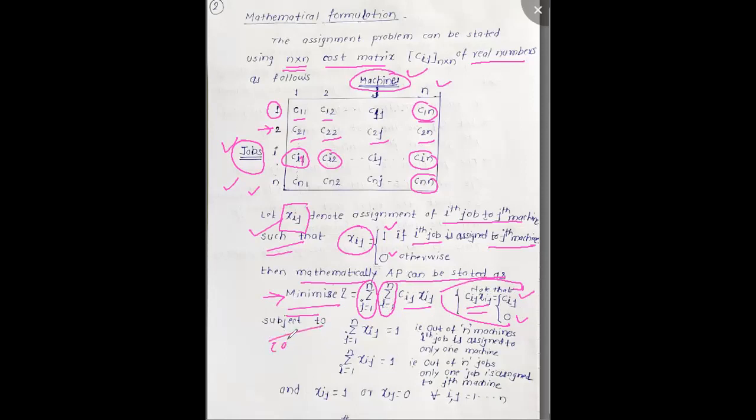These are the conditions. These conditions are called constraints. So what is the first condition?